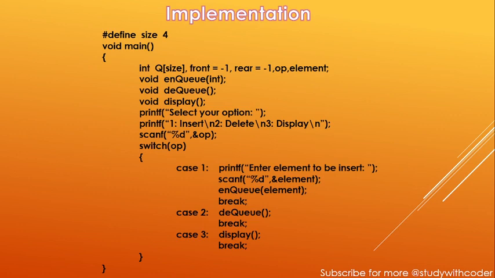OP is the option, and element is the element to be inserted. Here we declare three functions: void enqueue, dequeue, and display. And this is the menu: select your option: insert, delete, and display. And this is the switch operation.